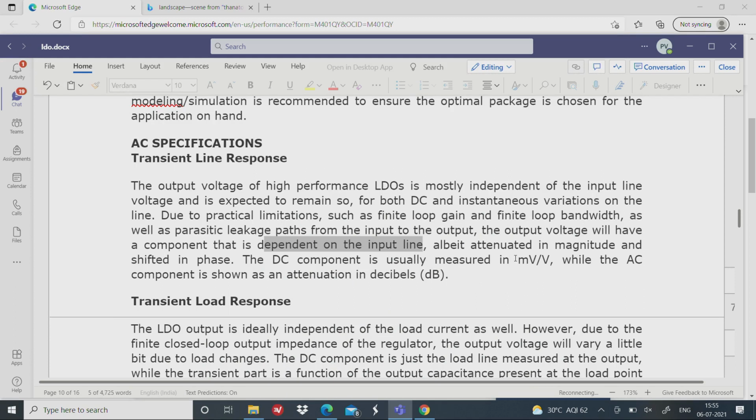So the output can vary because of line transient line responses. Now he is talking about that particular component, and that is quantified by millivolt per volt. The DC component is usually expressed as millivolt per volt. So read this carefully, because the output voltage will have a component that is dependent on the input line, albeit attenuated in magnitude and shifted in phase, that is true, but it will still have an influence.